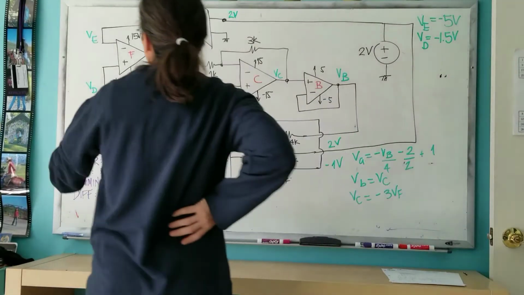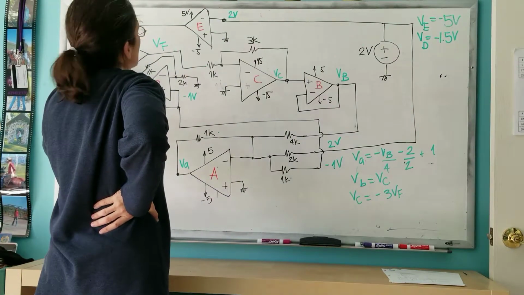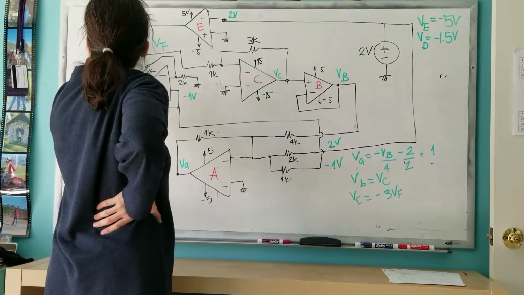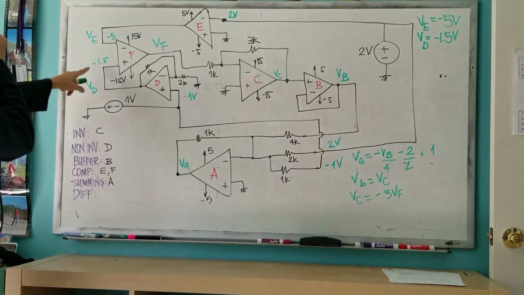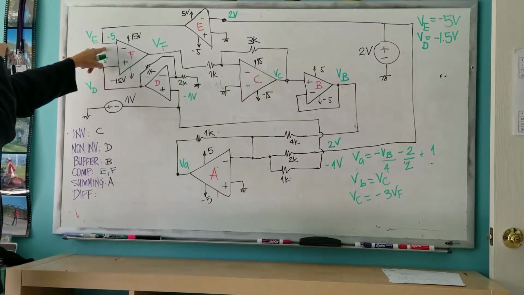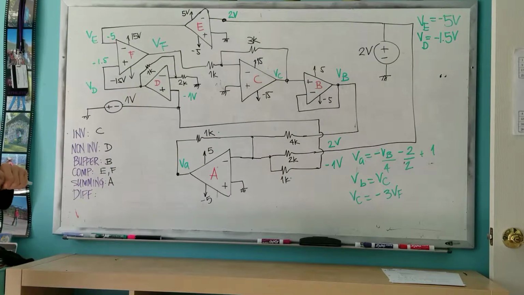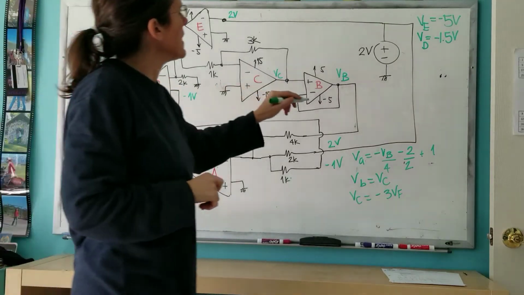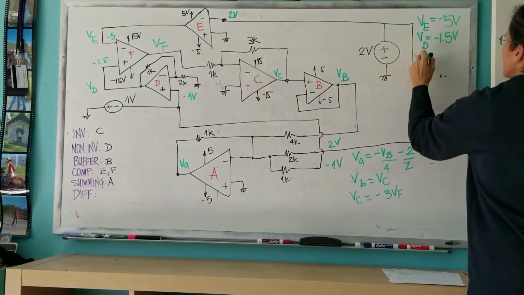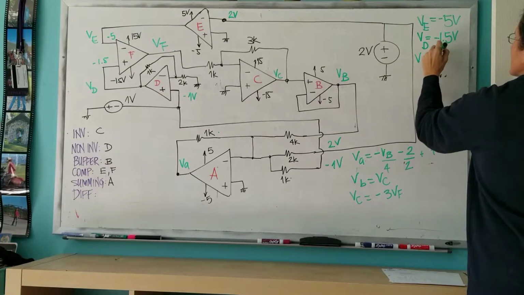So now if I have minus 1.5 here, and if I have minus 5 here, 1.5 is larger than 5. And therefore the output of F, VF, is 15 volts.